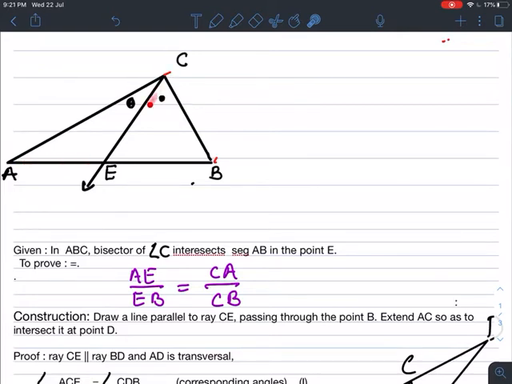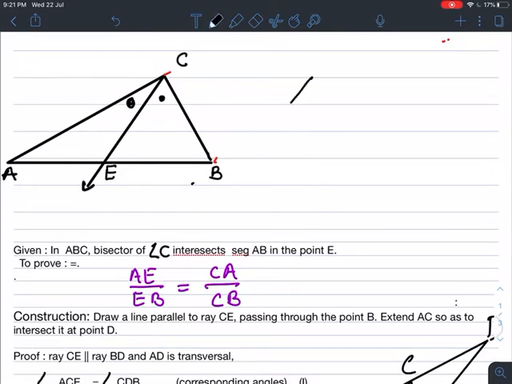AE upon EB is equal to AC upon BC. We have to prove this.